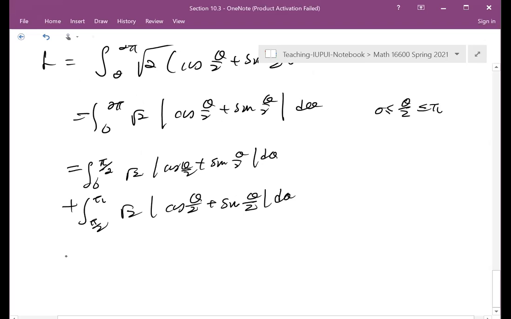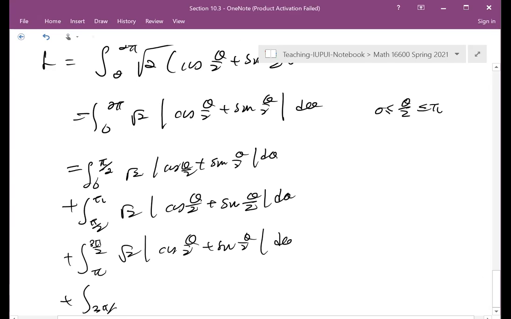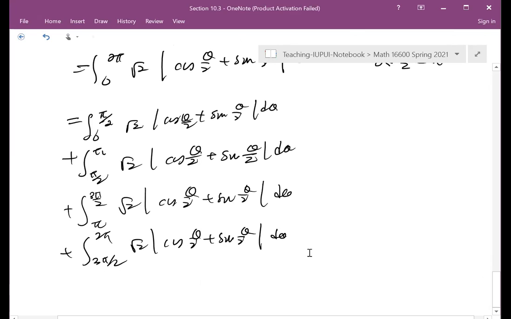Okay. And then from pi to 3 pi over 2. And then from 3 pi over 2 to 2 pi.